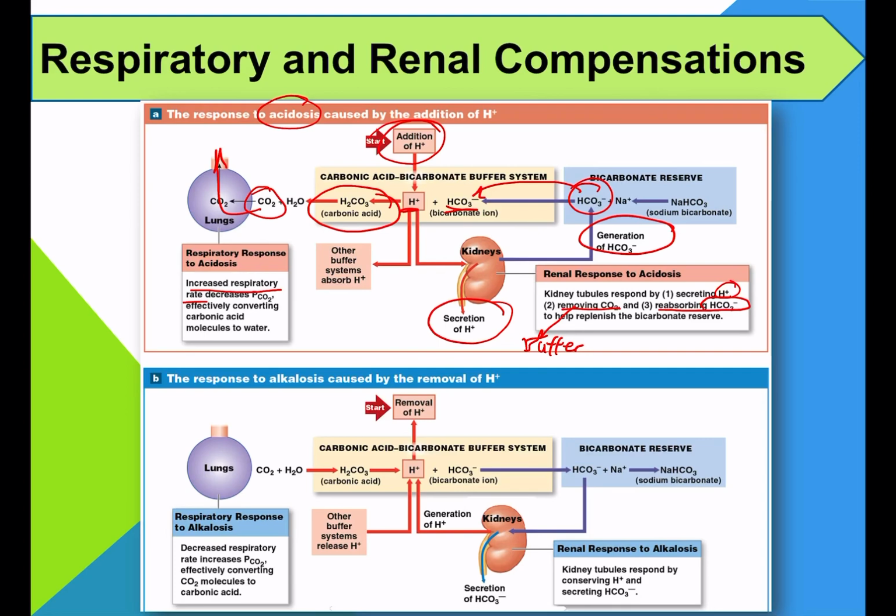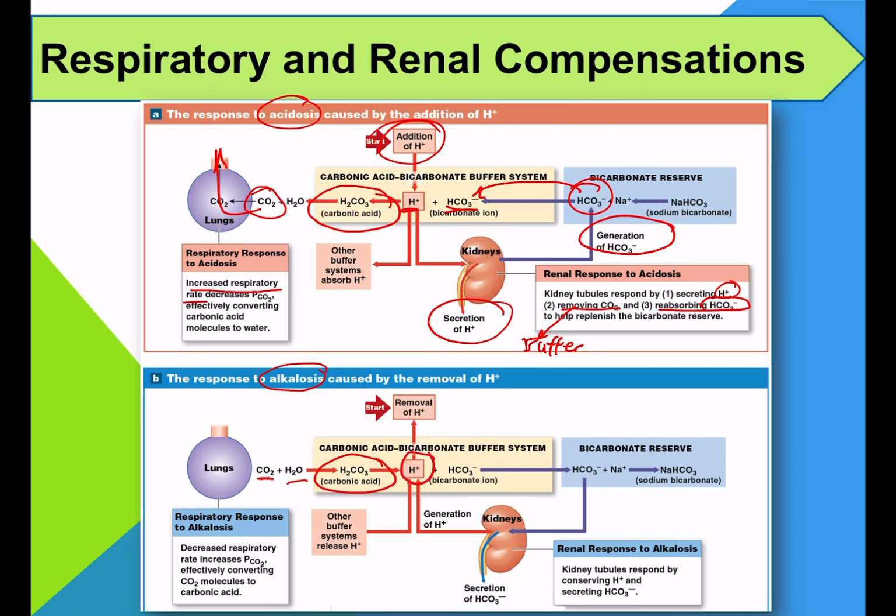Now, in the case of alkalosis, which means your pH is too high, you need to replenish hydrogen ions. Where are we going to get hydrogen ions from? Also involved are respiratory and renal compensation. Well, your lungs: we need to save our reserve of CO2 now, because CO2 and water can form more carbonic acid, which will then form more hydrogen ions.